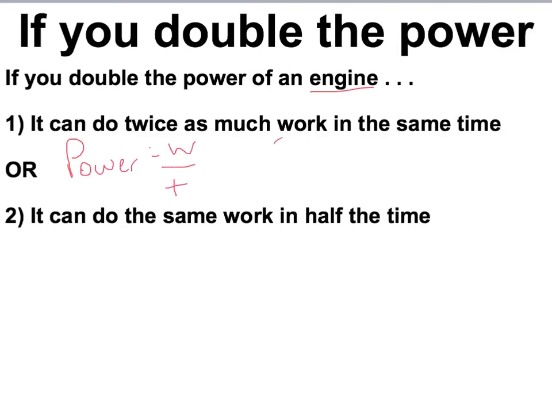So if you do twice as much work in the same amount of time, that's going to equal twice as much power. Or if you do the same amount of work in half the time, that's going to equal twice as much power. So those are our formulas for work and power and how they're related.